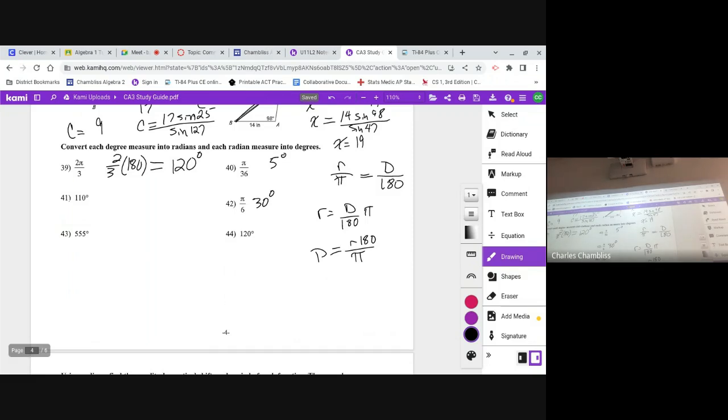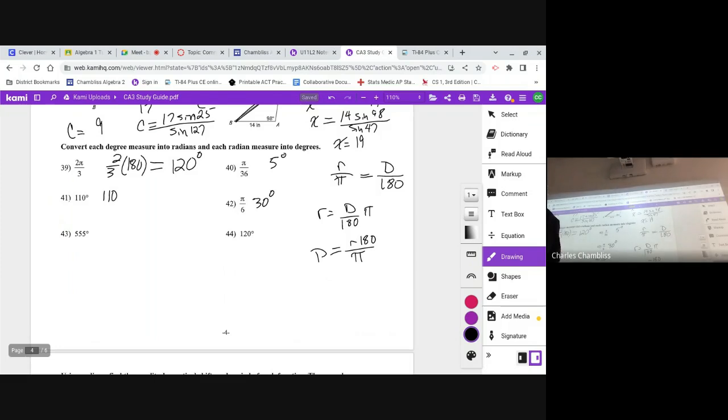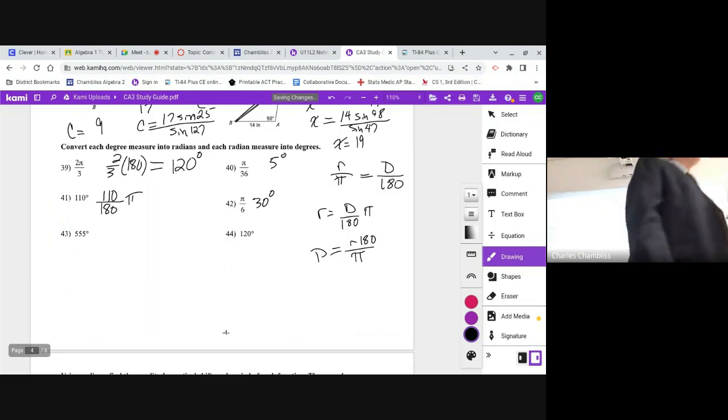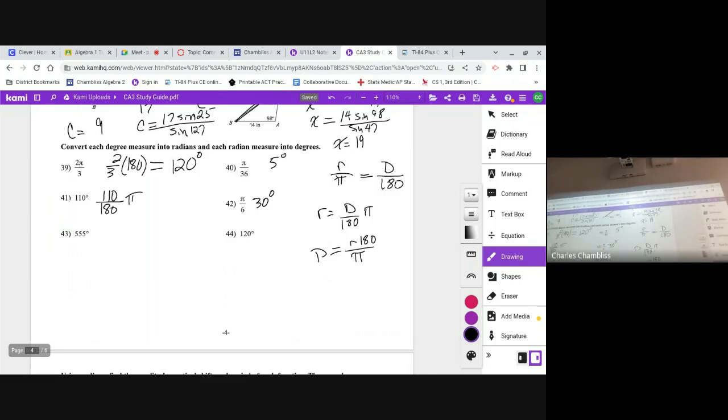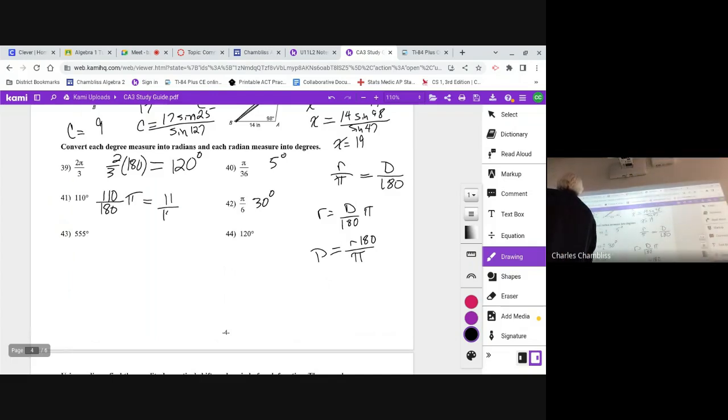For the degree ones, set them up as a fraction. 110 over 180 times pi. Again, don't multiply it by the 3.14 whatever in the calculator. Just use the symbol. This one will simplify to 11 over 18 pi. Here, the 555 over 180. And then you just write pi next to it.